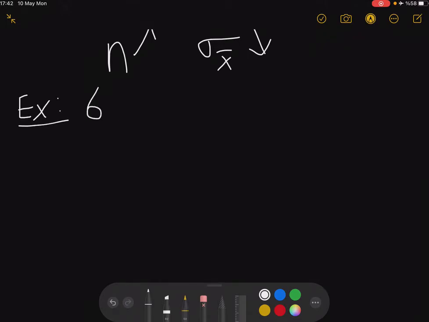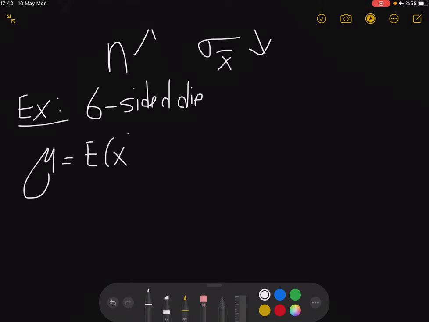Suppose that you have a six-sided die, and your population mean would be your expected value. Let me write it like this, right?